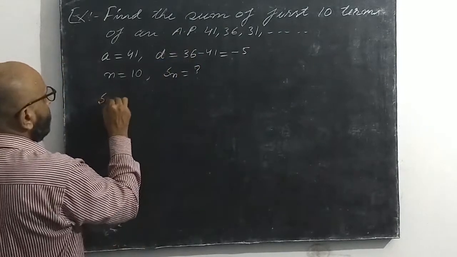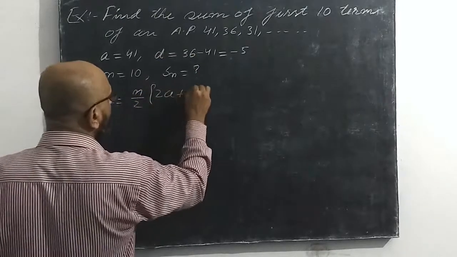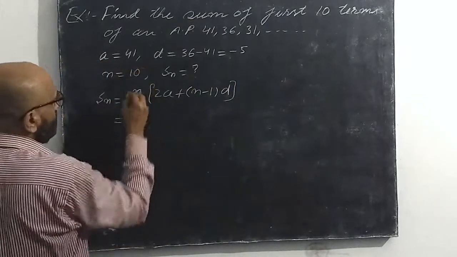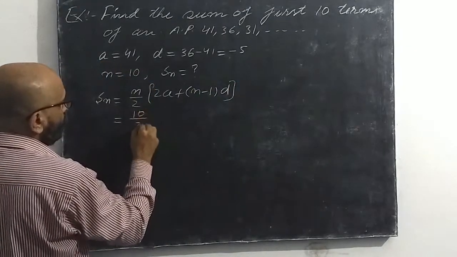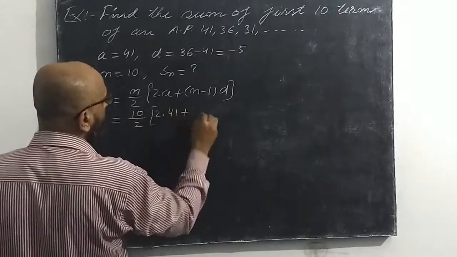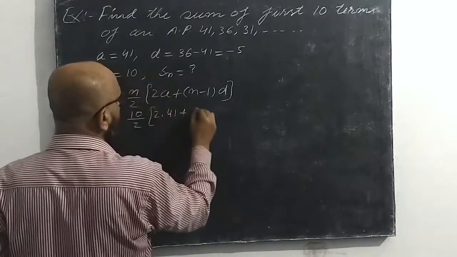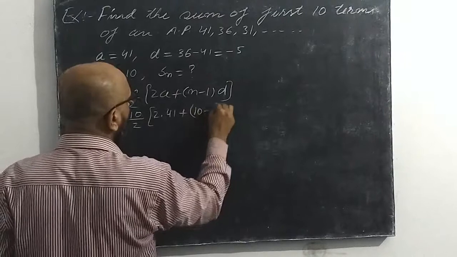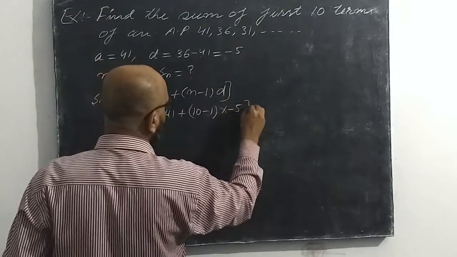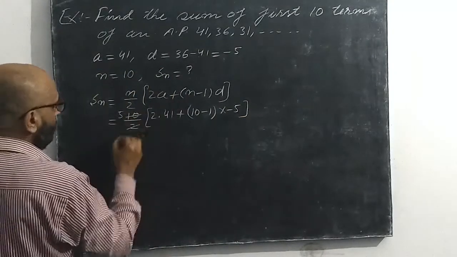So Sn is equal to n upon 2 into (2a plus (n minus 1) into d). Here substitute n is 10: 10 upon 2, 2 into a, a is 41, plus n is 10, so 10 minus 1 into d, d is minus 5. So 2 will cancel 10 five times.